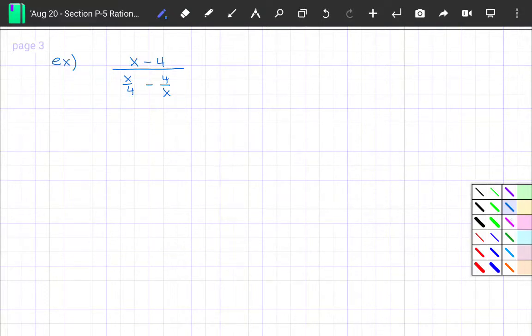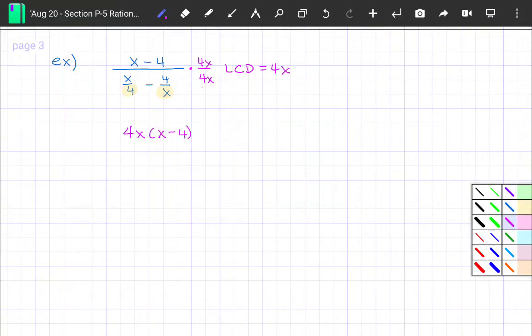And that is, look at the denominators of the small fractions, the fractions inside the big fraction, and find the LCD of those. So the LCD then is going to be 4x. You're going to multiply the big fraction by that LCD. And let's take a look at what happens when you do that. So in the numerator, we're going to have 4x times x minus 4.